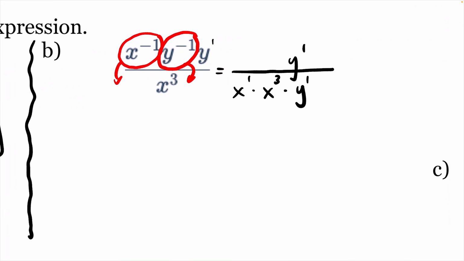X's. Are X's on the same level or different levels? Same level. So I'm going to add their exponents. X4. Y's. Same level, different level? Different level. So we don't add them, we subtract them. So what's 1 minus 1? 0.